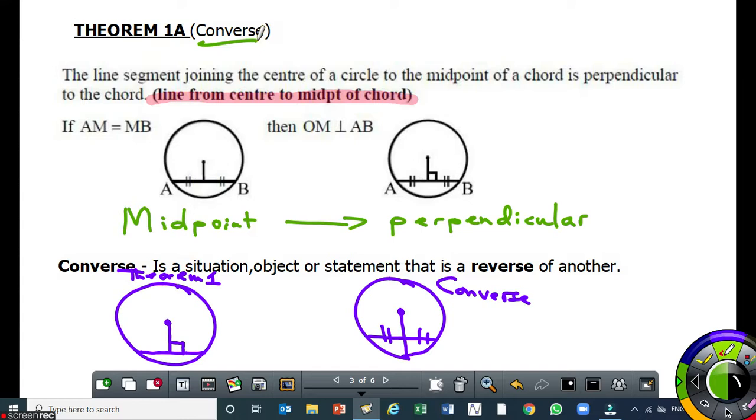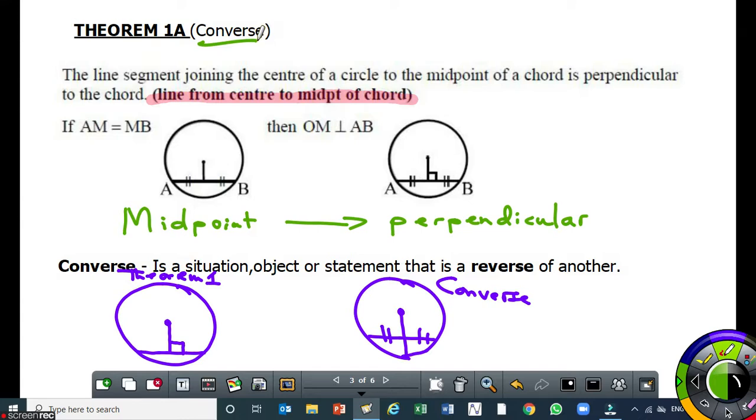So theorem 1a, the original theorem, says a line drawn from the center of a circle perpendicular to a chord bisects the chord. The converse now does the opposite. A line segment joining the center of a circle to the midpoint of the chord is perpendicular to the chord.